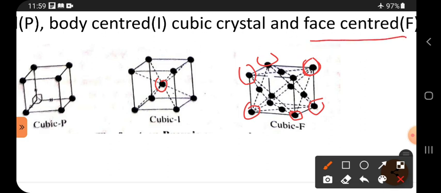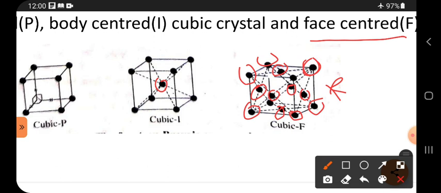So for the face centered lattice, one lattice point is present at the center of this right side face, and the top face, bottom face, back face, front face, left face, like this.